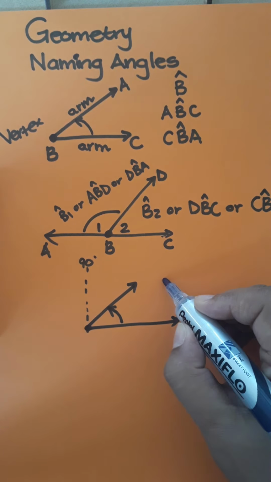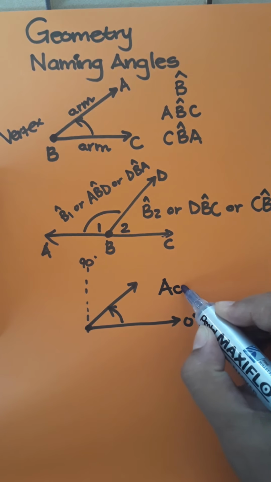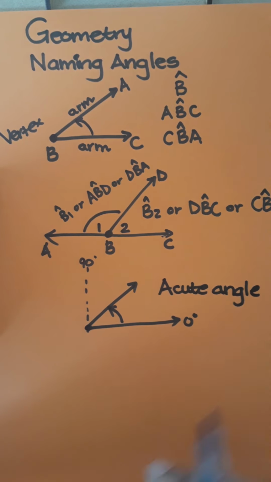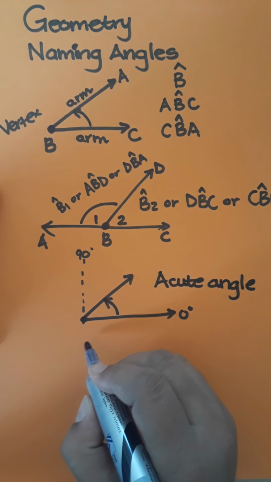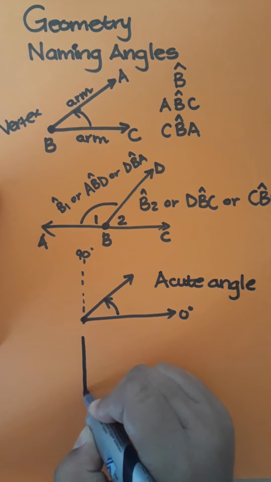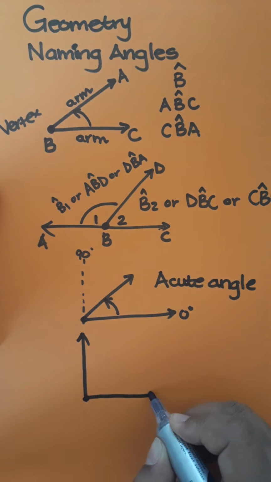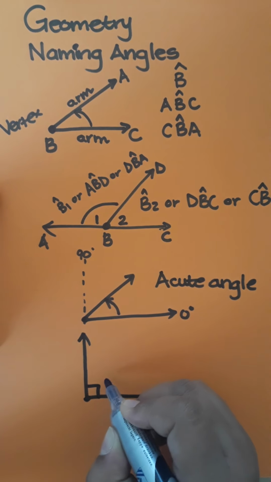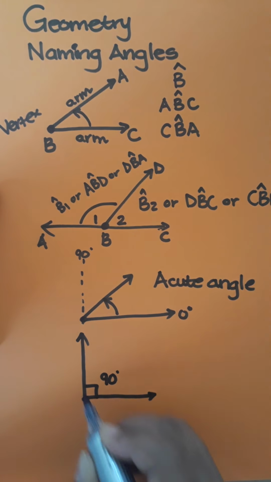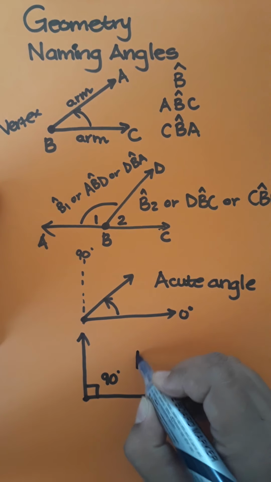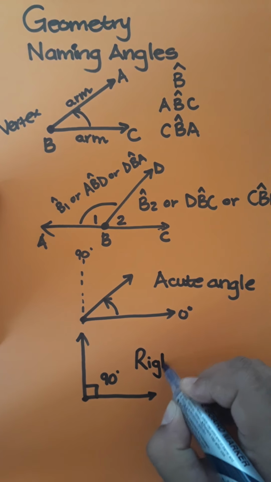And so it's such a cutie pie that we call it an acute angle. Whereas an angle that is formed and is 90 degrees, that square represents 90 degrees, we call this a right angle.